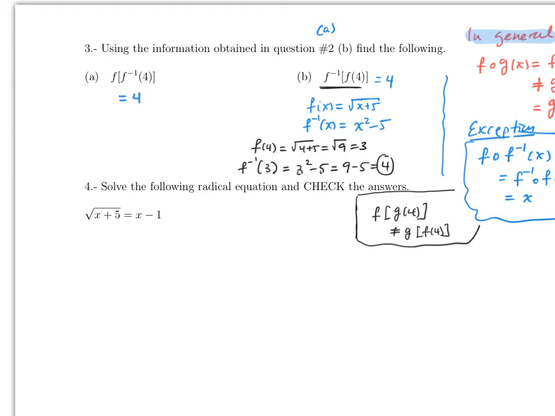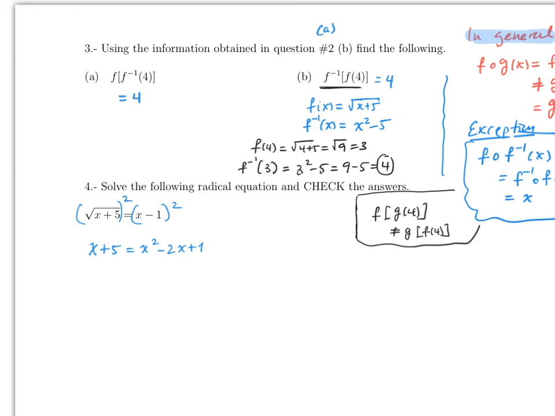All right, so let's go to the last problem. To solve this equation, you square both sides. And the whole point of doing that is that the square will cancel the radical, so you end up with just x plus 5. On the other side, you're going to have x squared minus 2x plus 1, because you just had to do FOIL or the distributive property here.